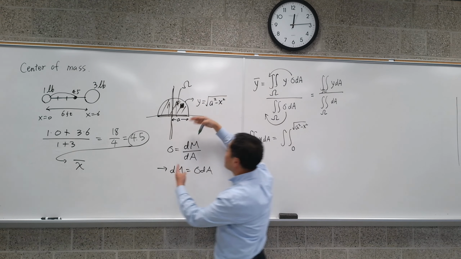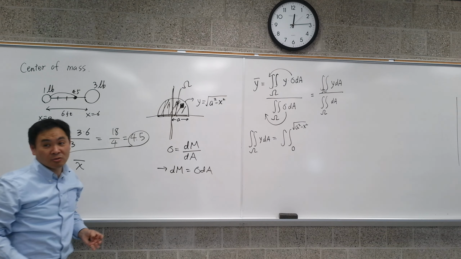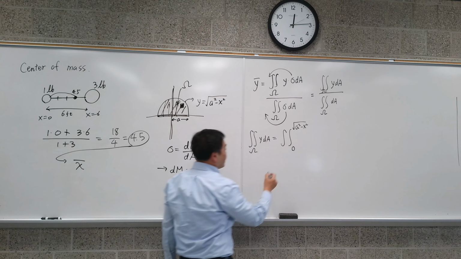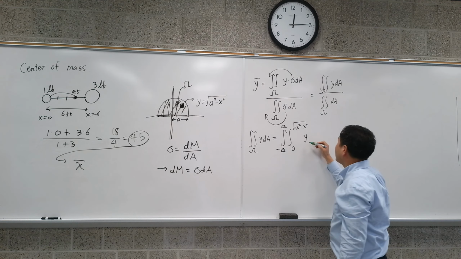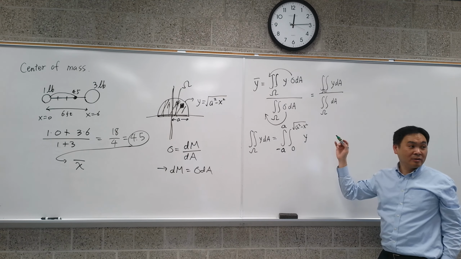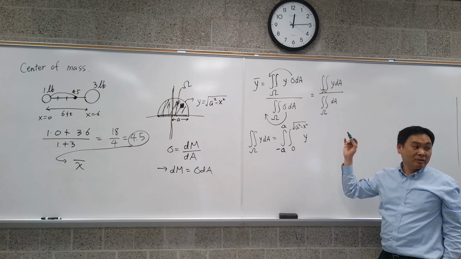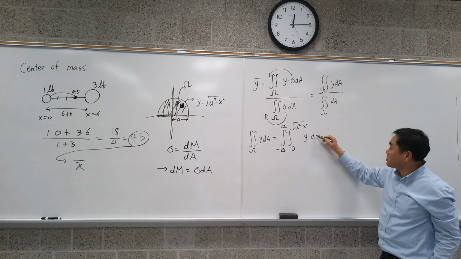If you integrate this region, it gets populated on the x-axis, so x goes from negative a to positive a. Now, is it dx dy or dy dx? It's dy dx because you're painting upwards.